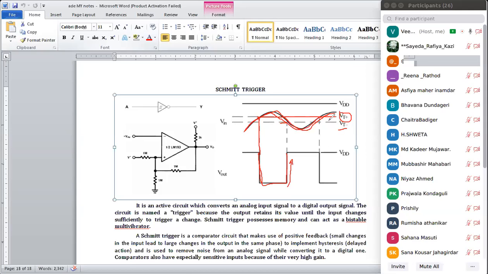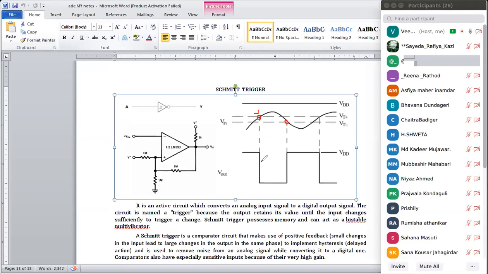Whenever the voltage goes from this point to this point, this voltage occurs at these two points. Whenever it occurs, the output changes.